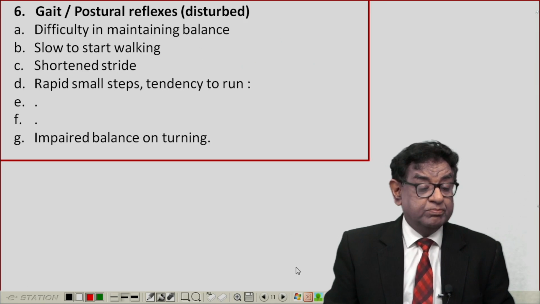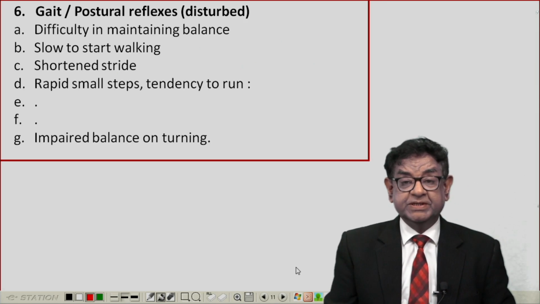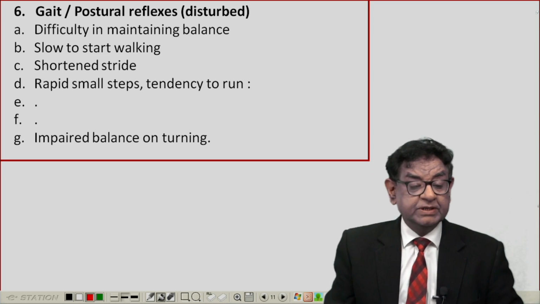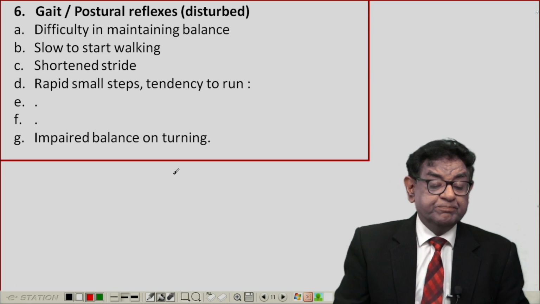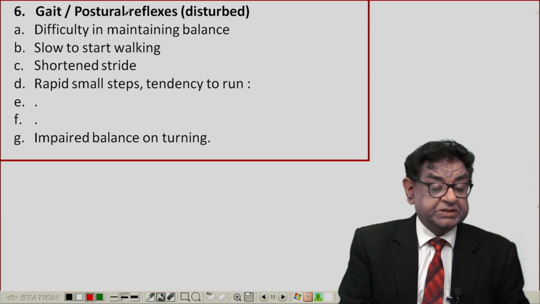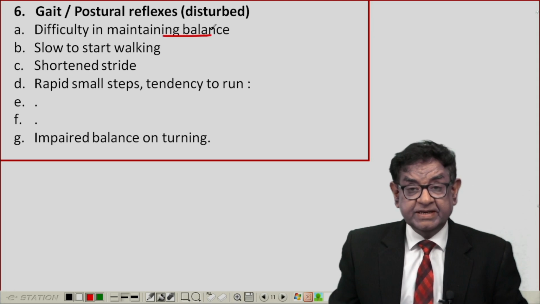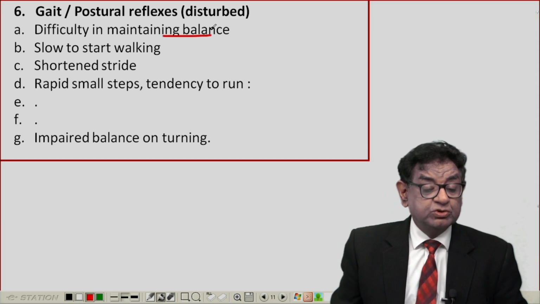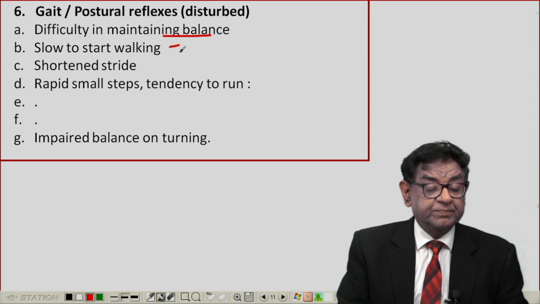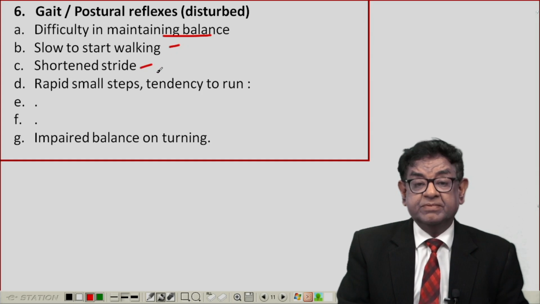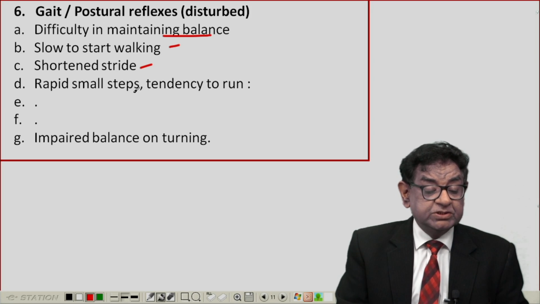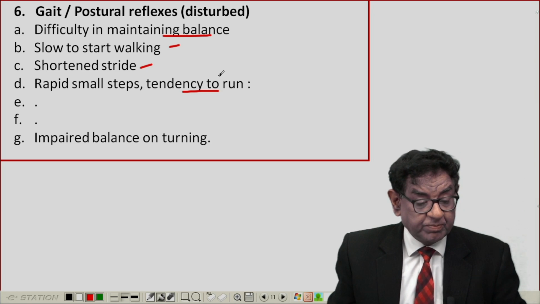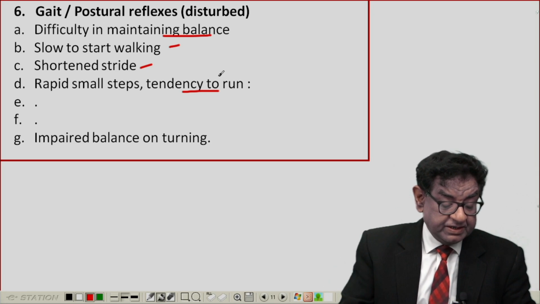Well, then we talk more about gait. I told you the patient has a stooped posture, but gait and even postural reflexes are also disturbed. Difficulty in maintaining balance, slow to start walking, shortened stride, rapid small steps, a tendency to run that they cannot stop.